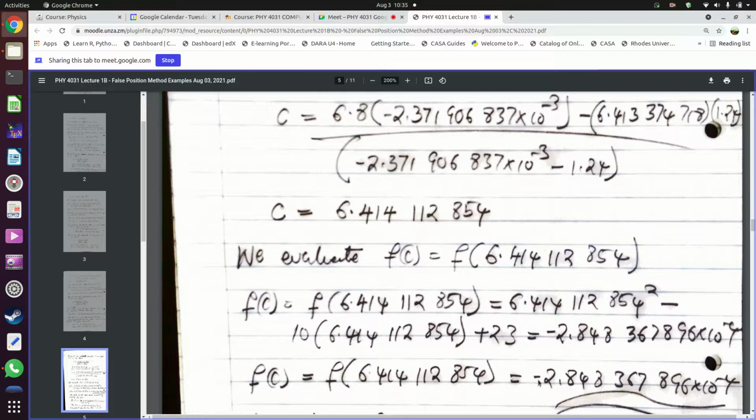So this is basically minus 2.848367894 times 10 to the power minus 4. I think this is practically equal to 0. For this method, once you reach a level like this, it is good enough, because you are not going to gain much by proceeding. Are we clear?